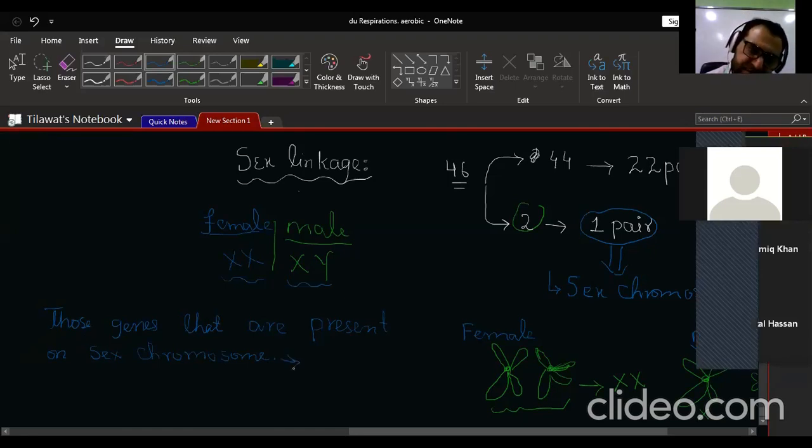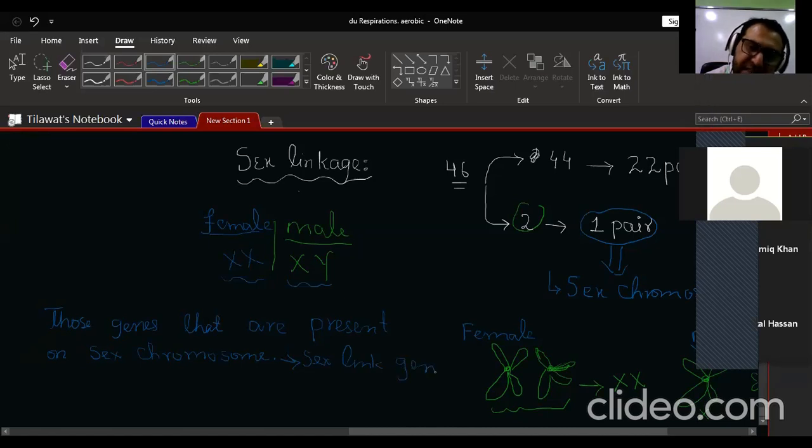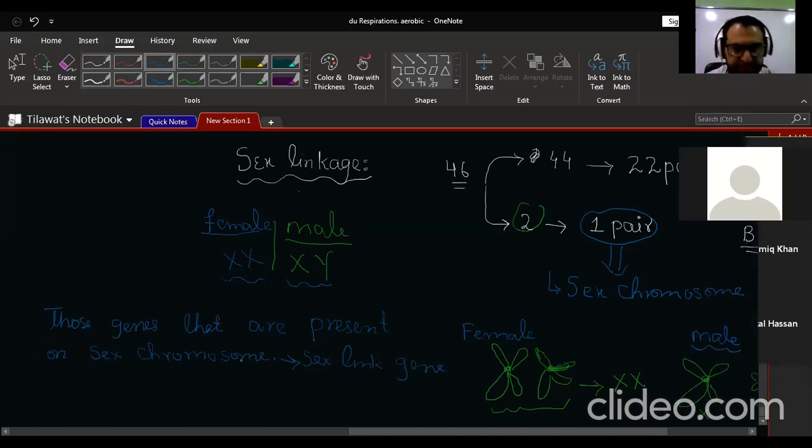Sex-linked gene. Those are sex-linked genes. The phenomenon is called sex linkage.